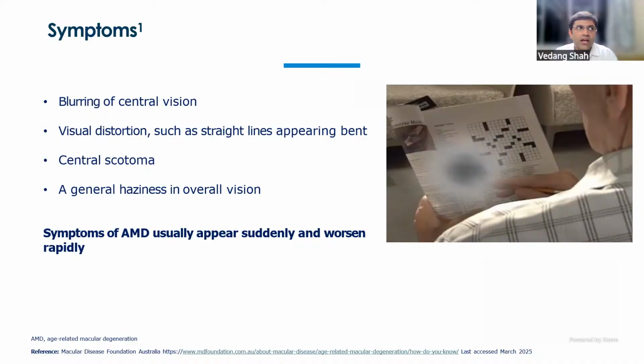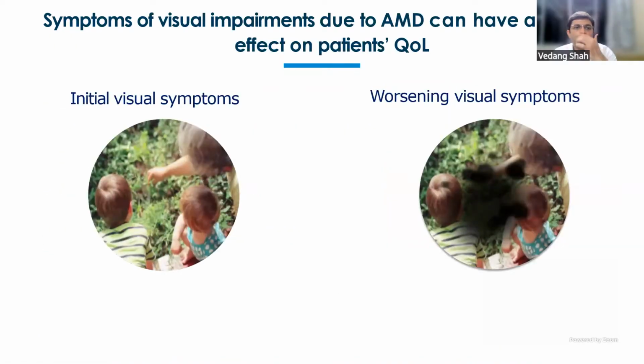When dry AMD becomes wet AMD, the symptoms appear suddenly, and there is a rapid worsening over a very short period of time. The initial visual symptoms appear like this, and as it worsens, the central scotoma tends to appear, and it starts to affect the quality of vision and the quality of life in such patients.